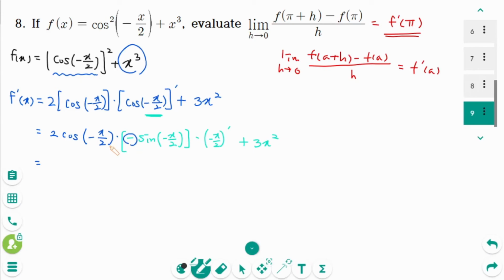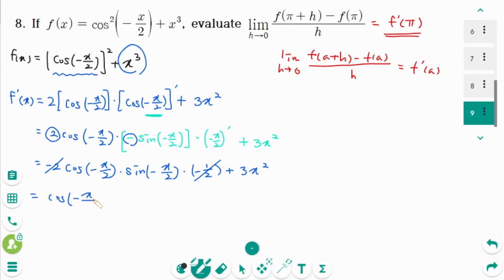Equals minus 2 cosine of minus x over 2 times sine of minus x over 2 times minus x over 2 prime, which equals minus 1 over 2, plus 3x squared. Cancel these two numbers, then cosine of minus x over 2 times sine of minus x over 2 plus 3x squared.